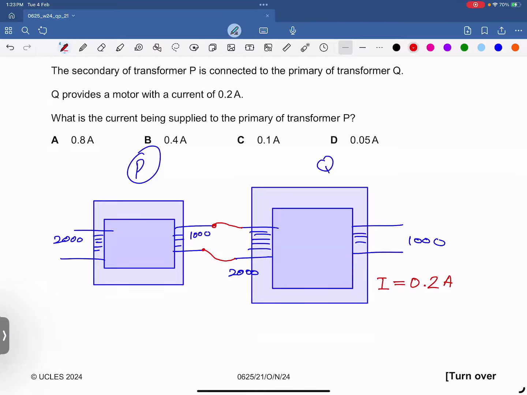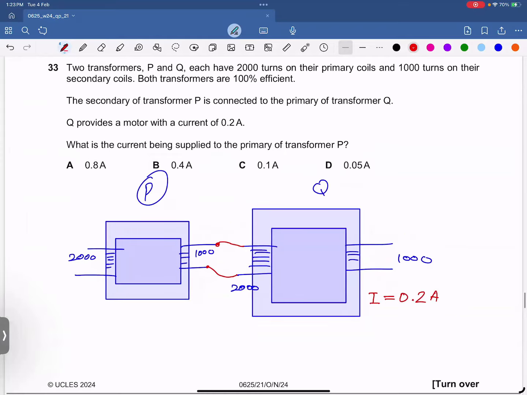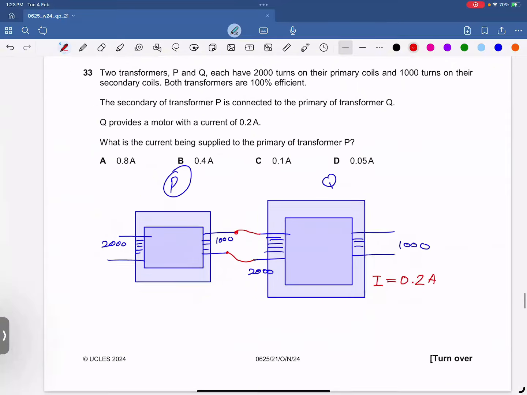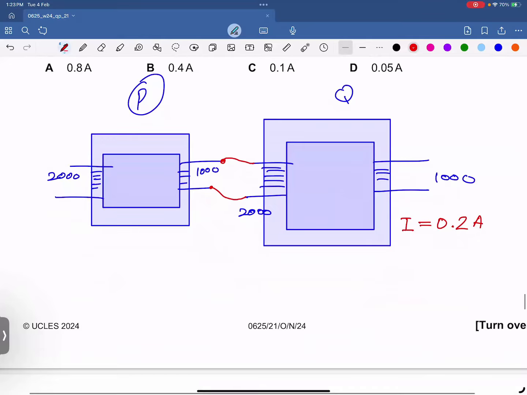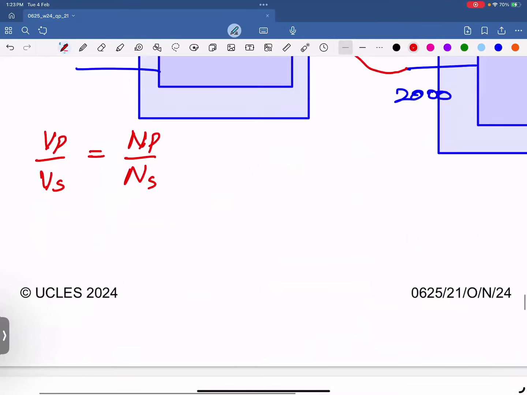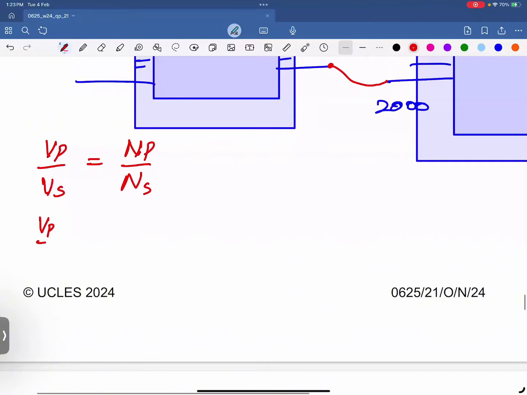Now it might be a bit complicated question for you, so let me help you, my dear students. First of all, you should know some equations, about the number of turns with currents. Vp over Vs is Np over Ns. Also, Vp over Vs is Is over Ip.